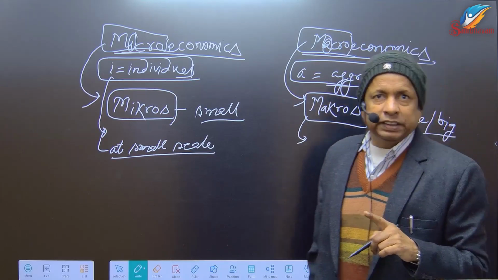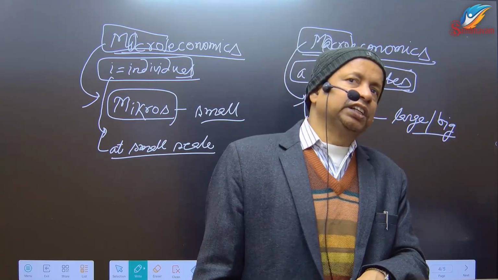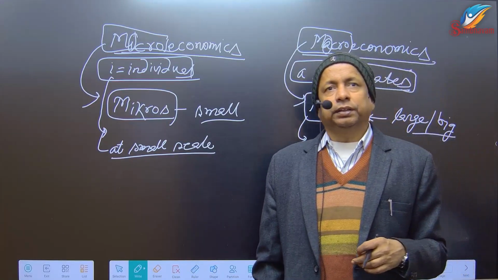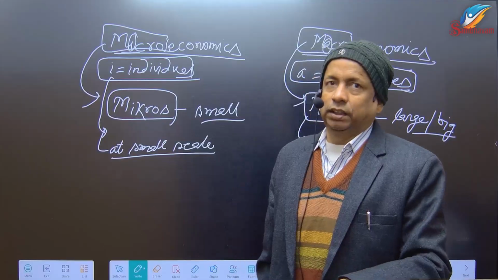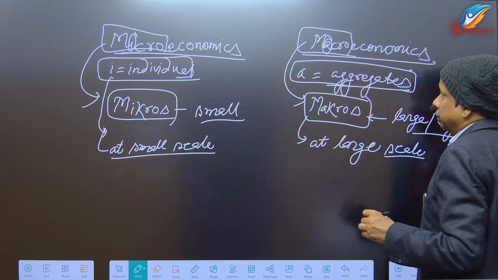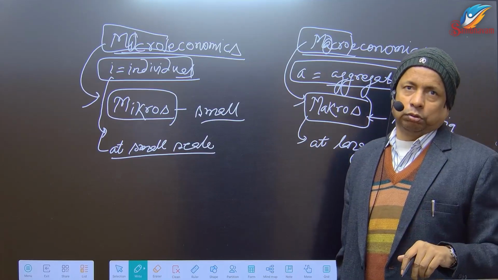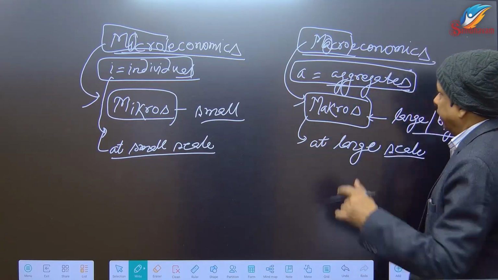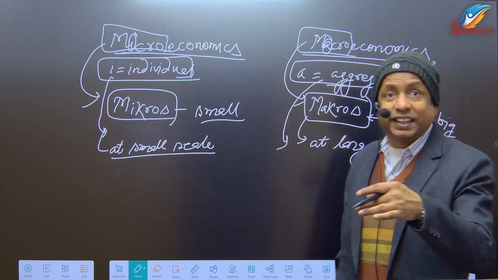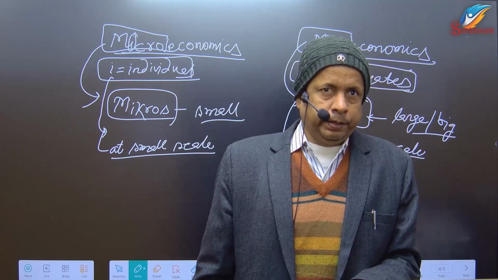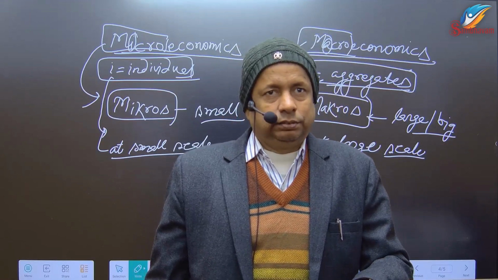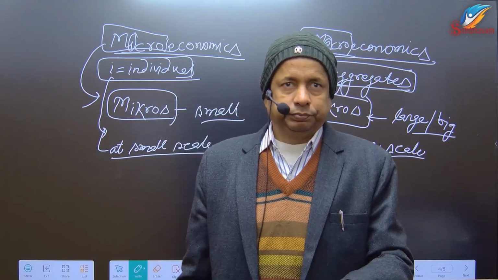that branch of economics which deals with economic actions and behavior at a large scale is called macroeconomics. So, A for aggregate: if there is any action or event at the aggregate level, that will naturally be larger, bigger, greater.